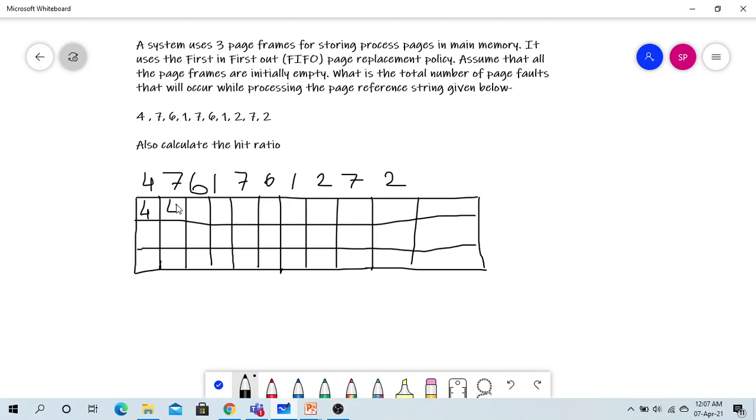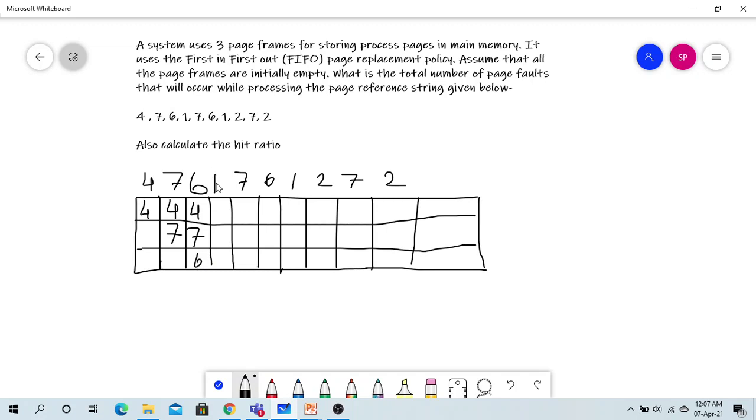So we will keep page number 4 as it is, and in the next frame we will place page number 7. Still one frame is empty. Hence 4 will be as it is, 7 as it is, and page number 6 will be in the third frame.